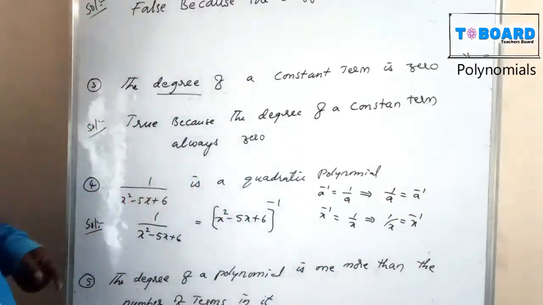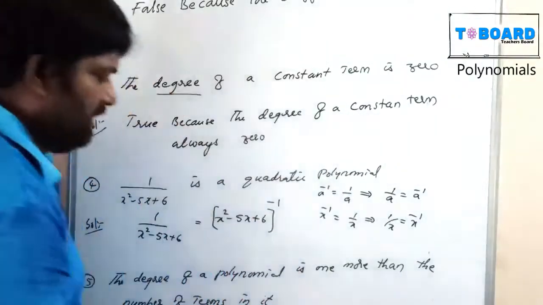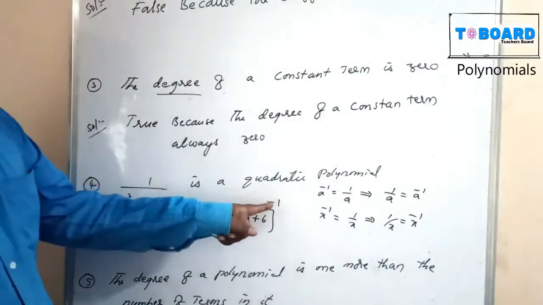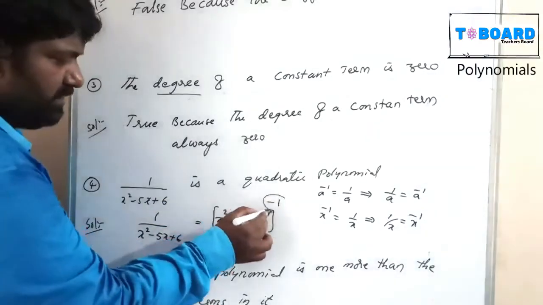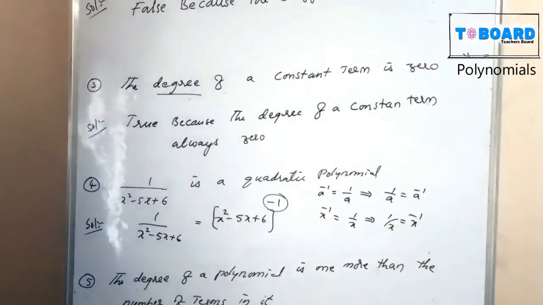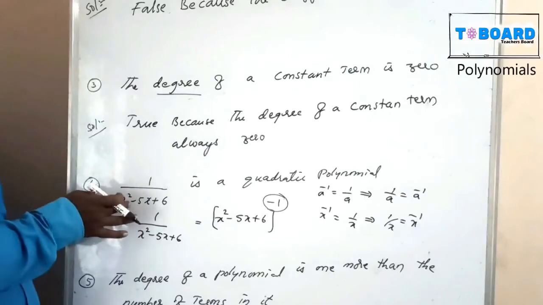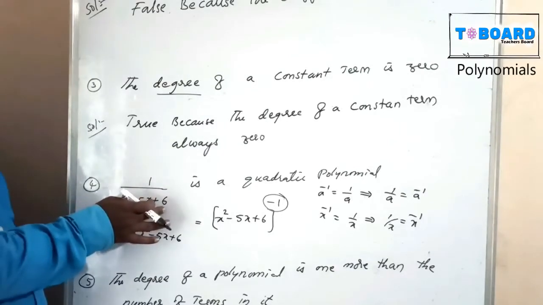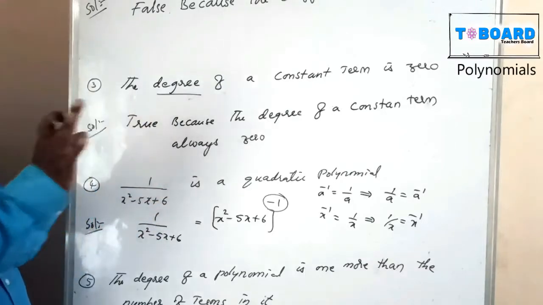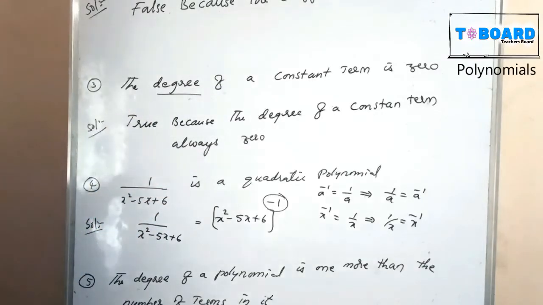What is a polynomial? In a polynomial, the exponent of the variable is a whole number, but here minus 1 is not a whole number. That's why 1 by x square minus 5x plus 6 is not a polynomial, not a quadratic polynomial.